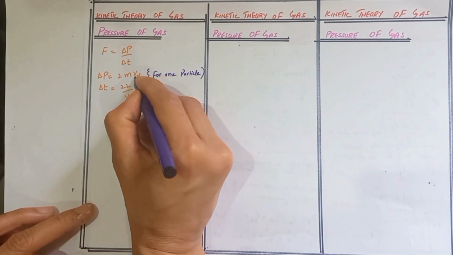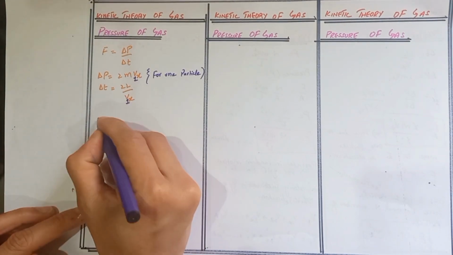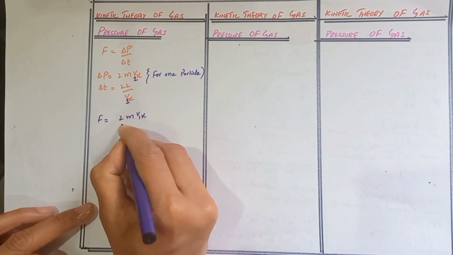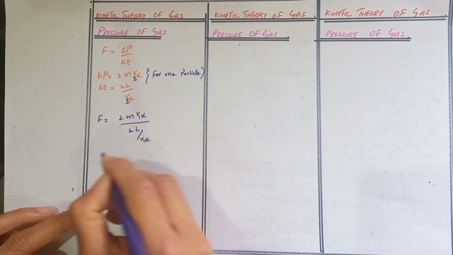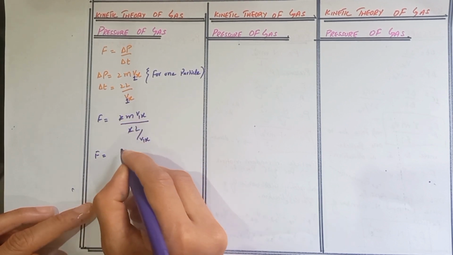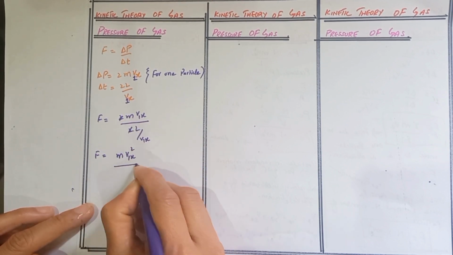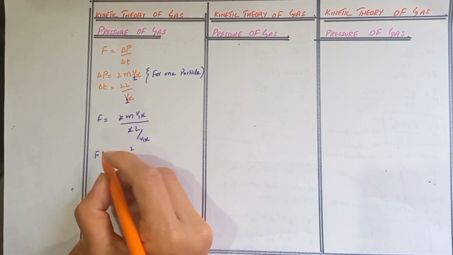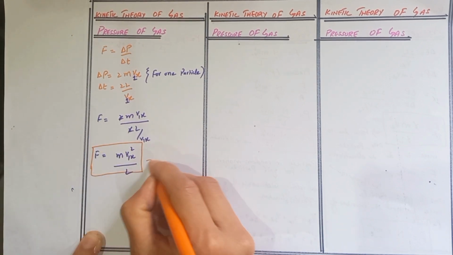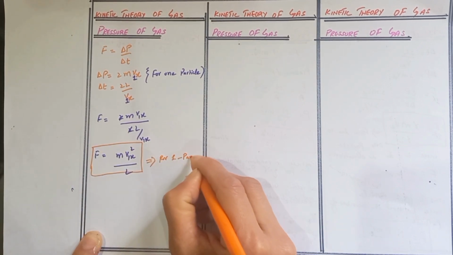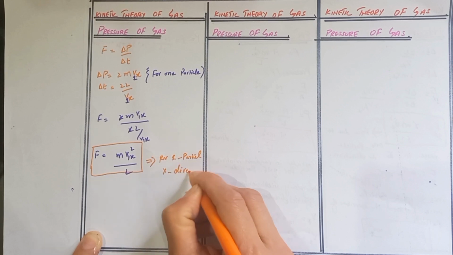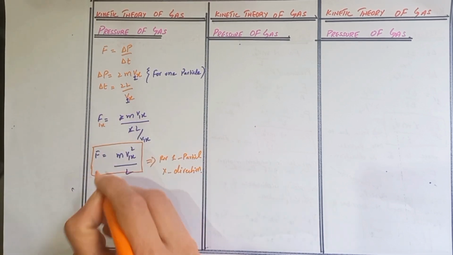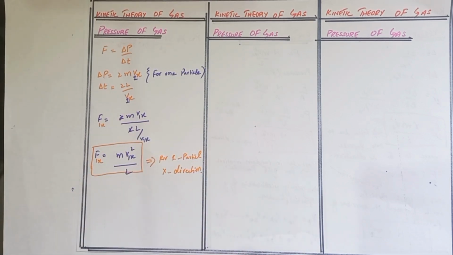So here we write v1x. So the formula becomes change in momentum 2m v1x over 2L over v1x. So the 2 cancels, and the final equation we get is m v1x squared over L. This is the force that we calculate for one particle that moves in the x direction. So here we write F1x for one particle that moves in the x direction.